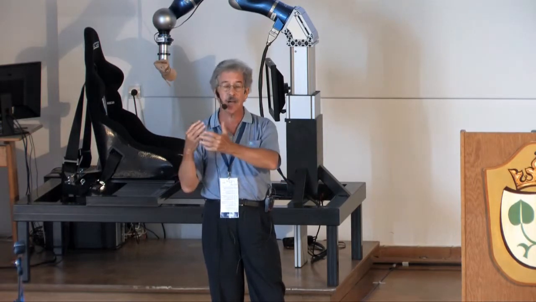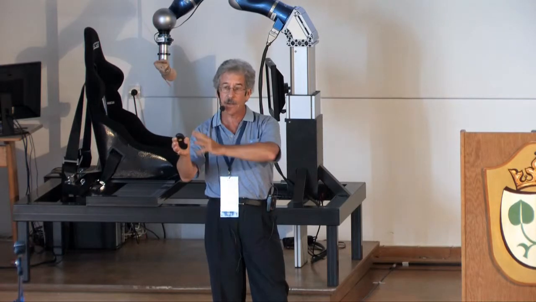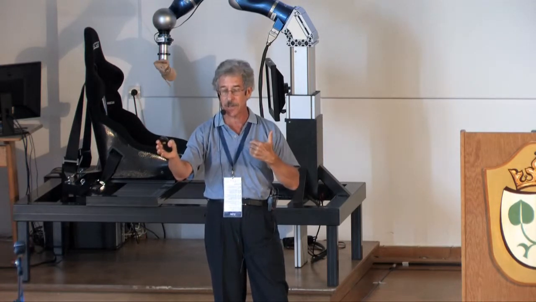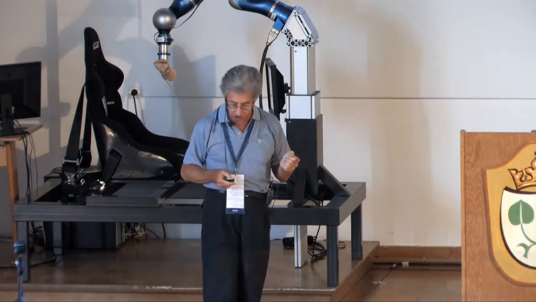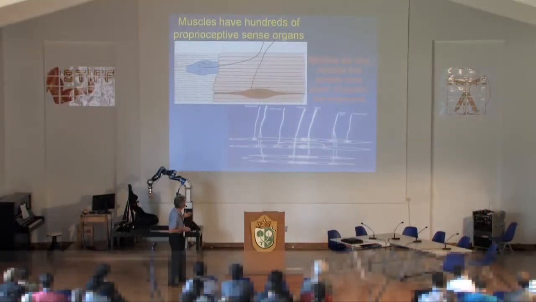There's over 10 times as much neural traffic coming back from the muscles to the spinal cord as there is control information going out, which gives you some idea of how important sensory feedback is to the performance of the system.